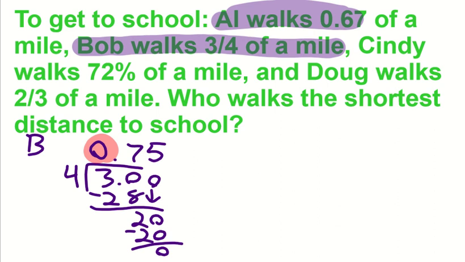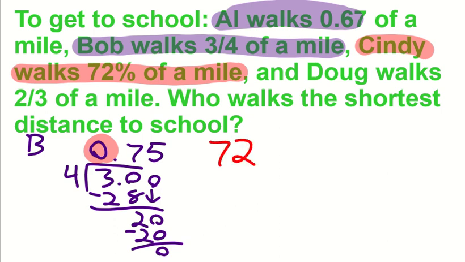So if we look at Cindy, Cindy is 72% of a mile. A percent is that number out of 100, right? So we could do the division. There's a couple other ways you can do this. 72 over 100.